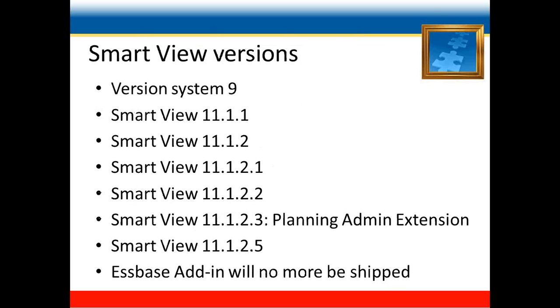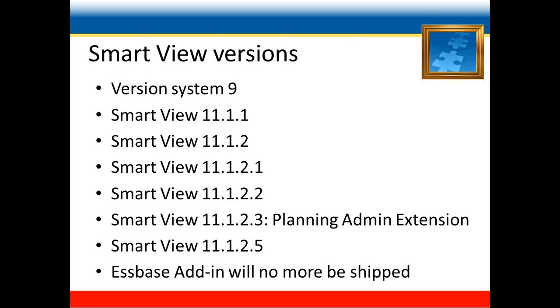You can see a listing of SmartView versions that we have seen to date. A pre-Oracle version existed, which was version 7, which was later modified, and a version System 9 was developed, which bundled SmartView with Essbase.